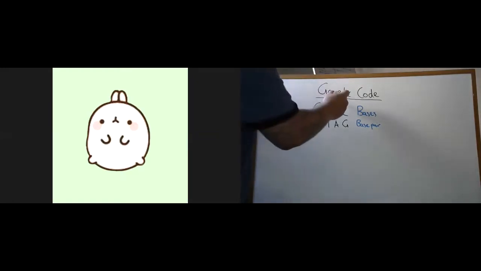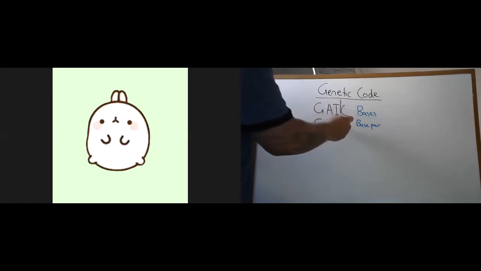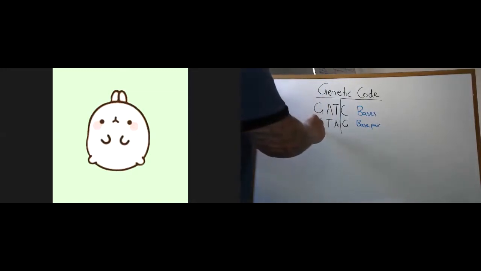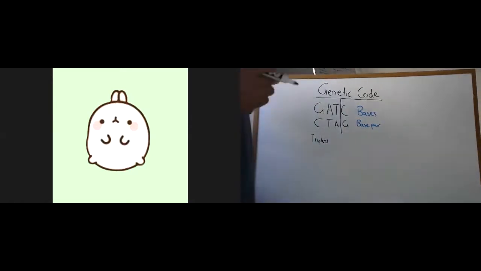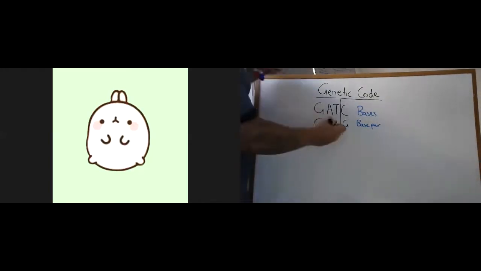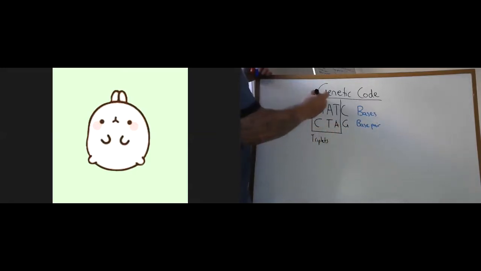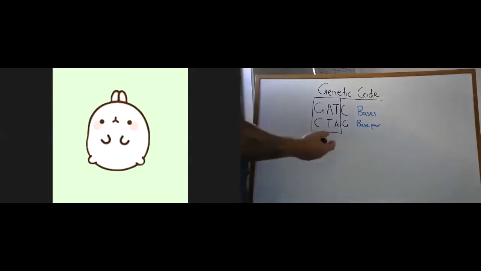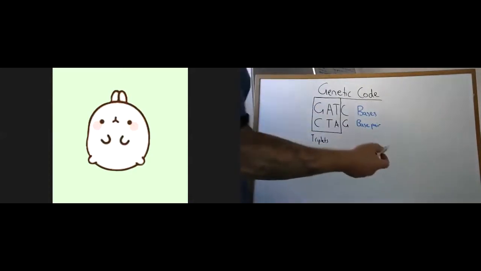Each of these 3, these are called triplets. And these are the code. These little triplets here make up the code. Each of these triplets makes a different part of a protein.